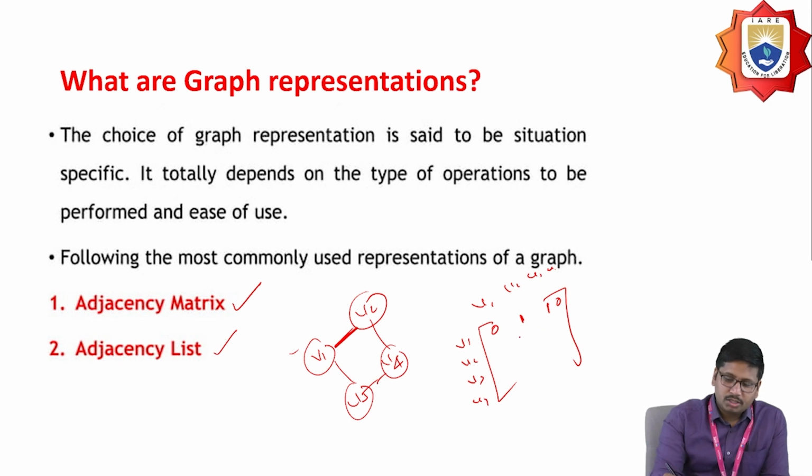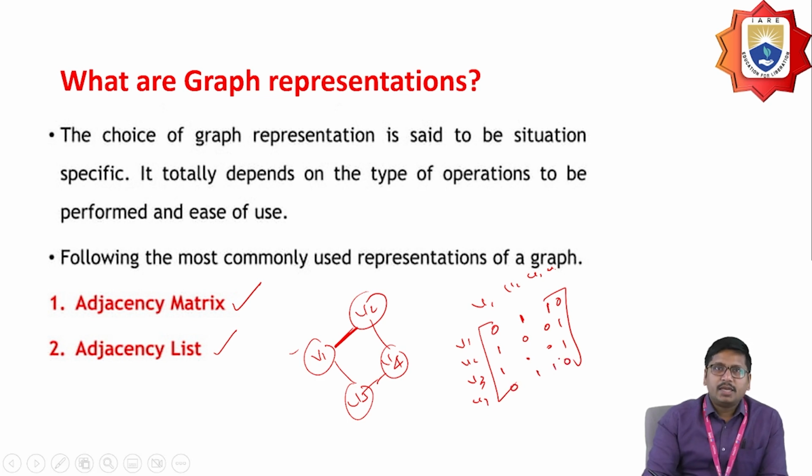Similarly, for V2, V1 and V4 should be 1, and the remaining should be 0. For V3, V1 and V4 should be 1. And from V4, it should be V2 and V3. Like this, I can represent the adjacency matrix.